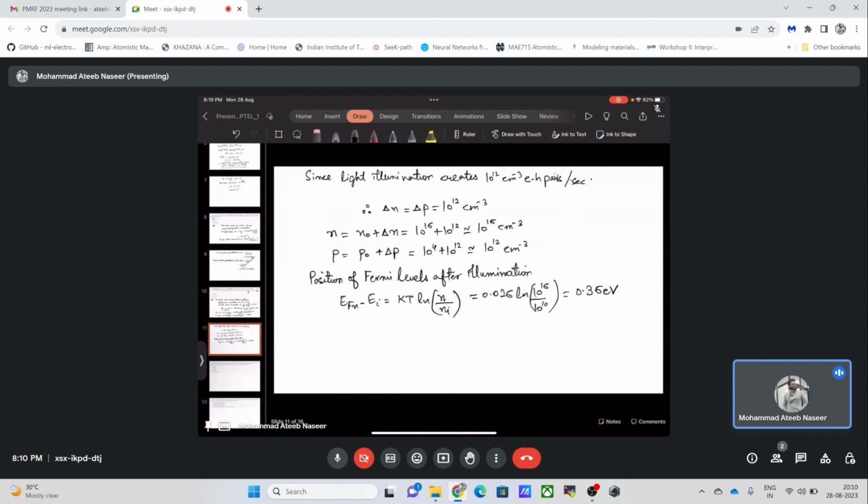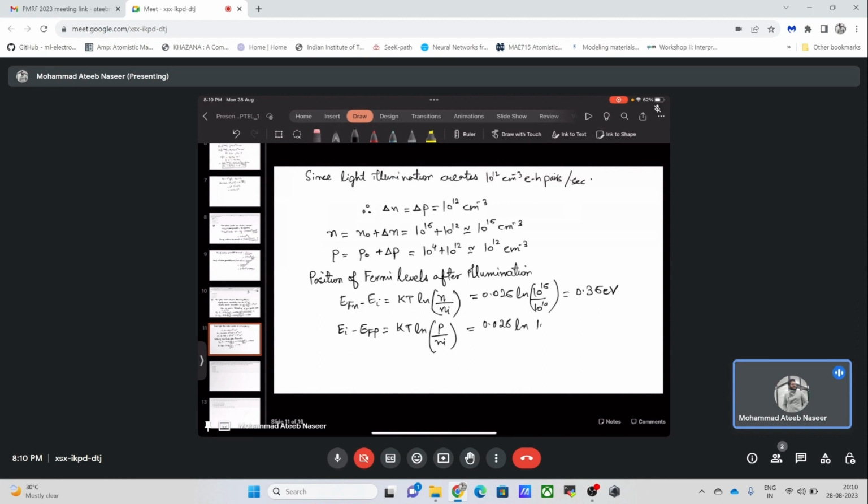Now for holes, it is EI minus EFP equals KT ln of p by ni. Sorry, p by ni. So the value of p is now 10 to the power of 12.